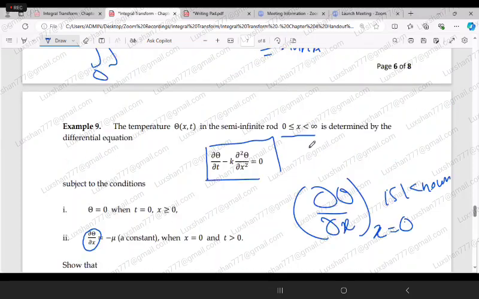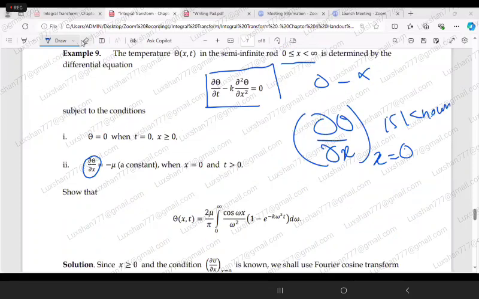Meantime, the range is half range, that means 0 to infinity. So what is the transformation we want to use? Can anybody tell me? The Fourier cosine. We want to take the Fourier cosine.